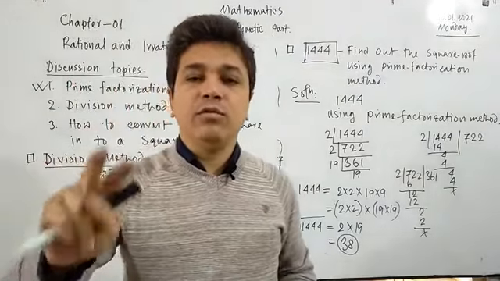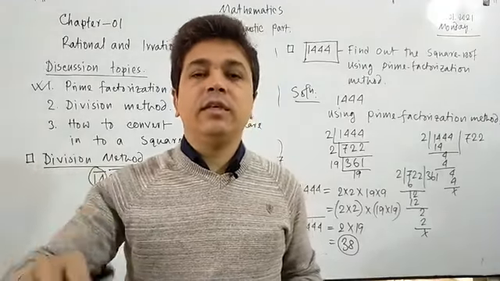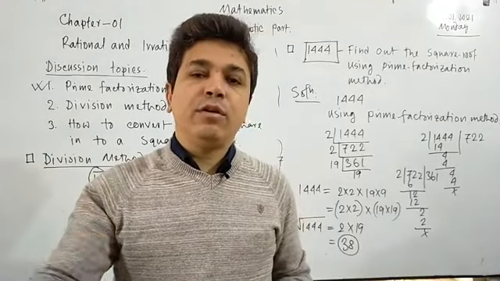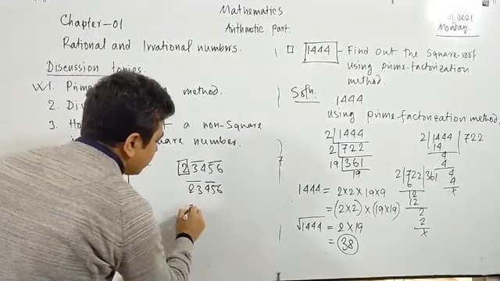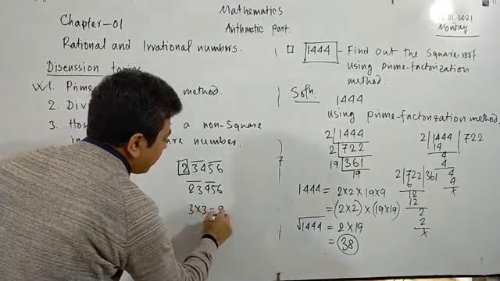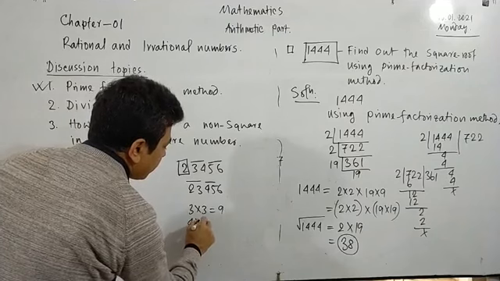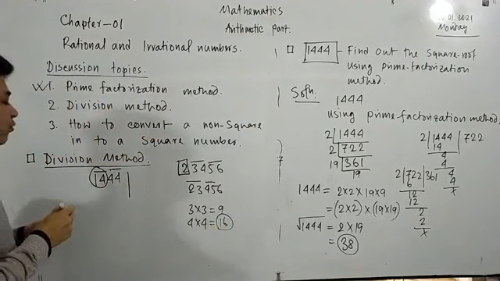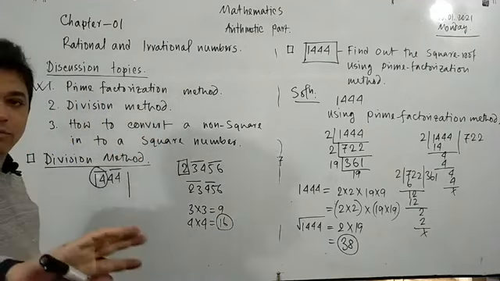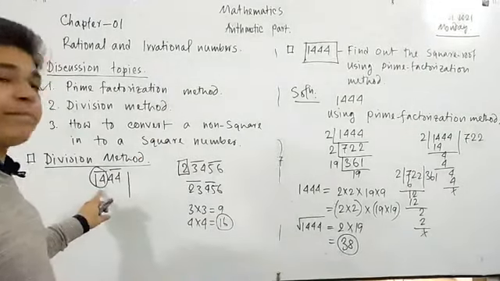For example, 2 into 2 is 4, 3 into 3 is 9, 4 into 4 is 16. If we take 4, it will be bigger than 14, so 4 does not go with it.